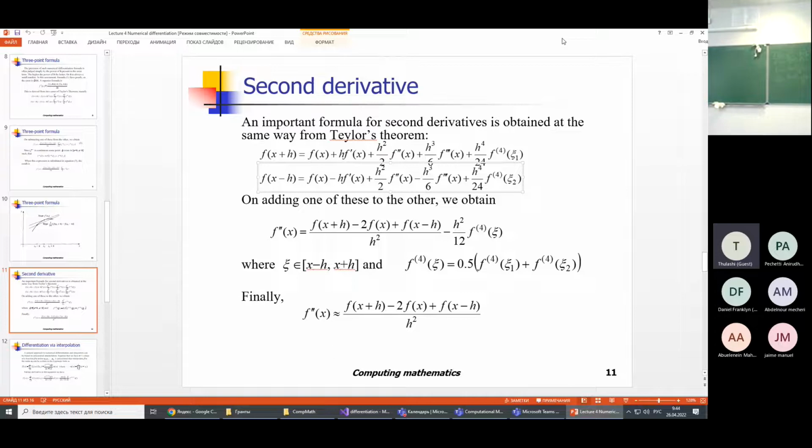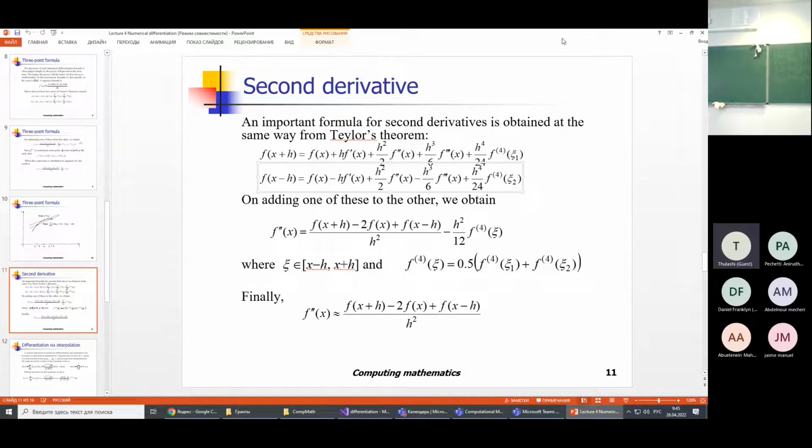First question: what is the real value of the second derivative of this function? We have a function f of x equals x cubed. What is the real value of the second derivative at the point 1? First, you should find the real second derivative.